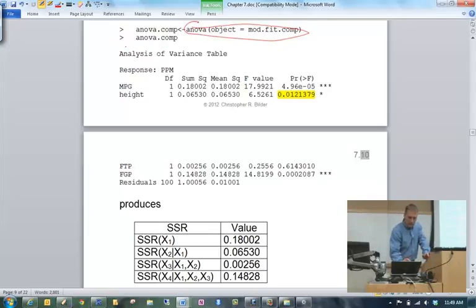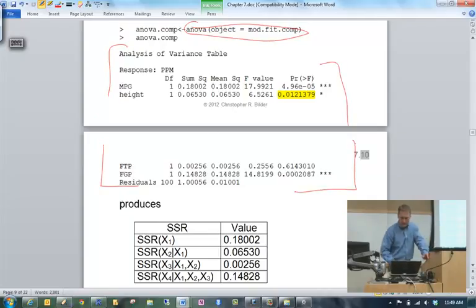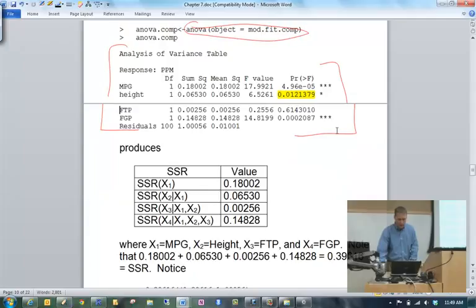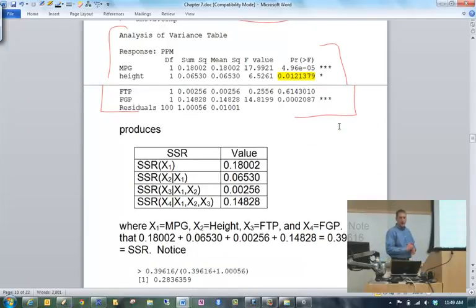Okay. So what would happen if I actually ran the ANOVA object equal to mod.fit.com? What we saw was we got this output here. And let me actually just remove the split. What is actually being printed right there?